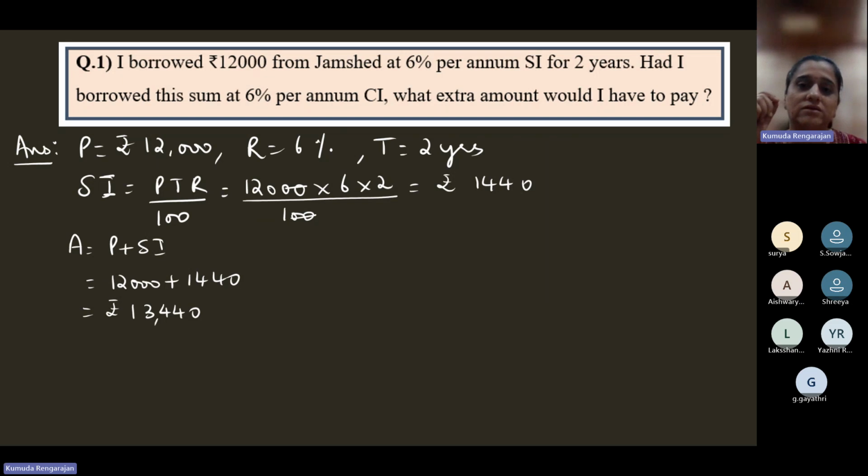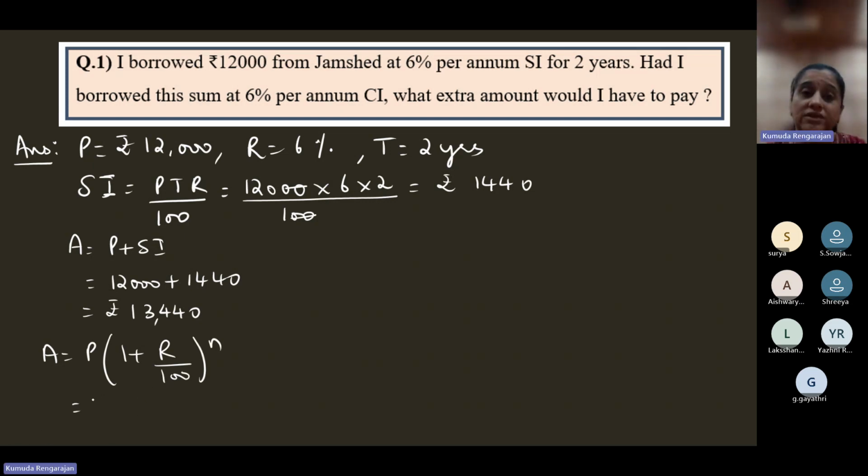Now we need to find the amount that is to be returned at the end of 2 years if 6% is charged under compound interest. This is the formula.